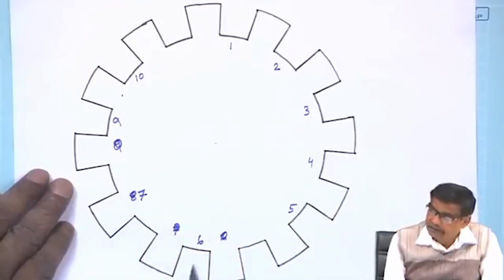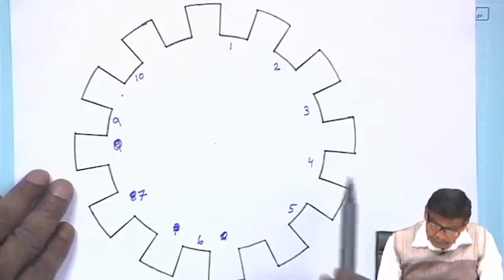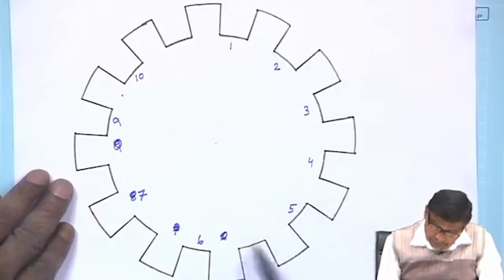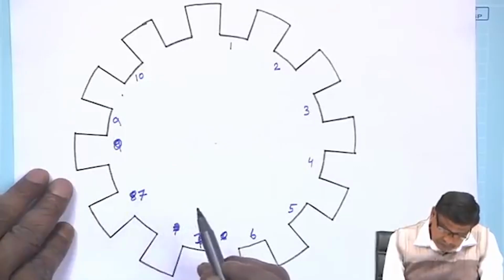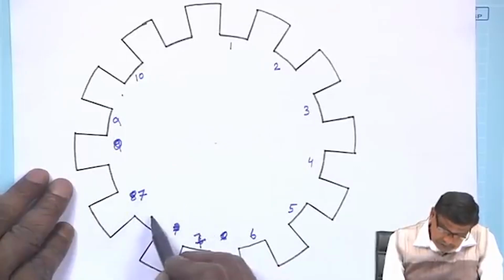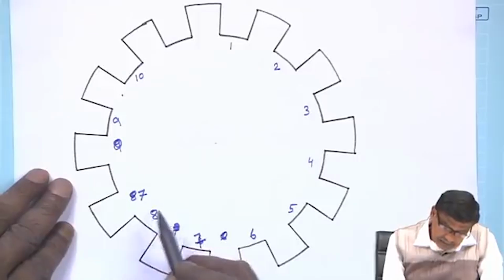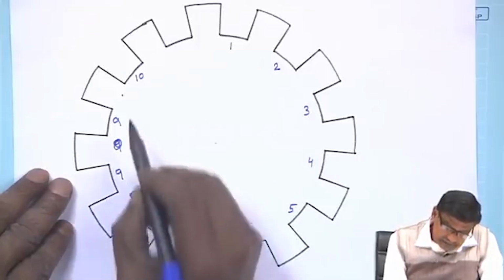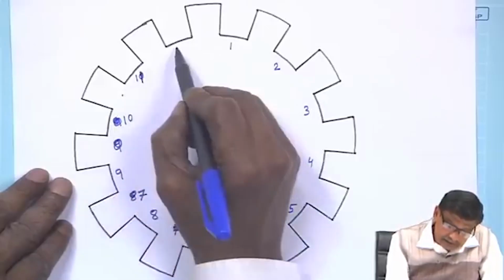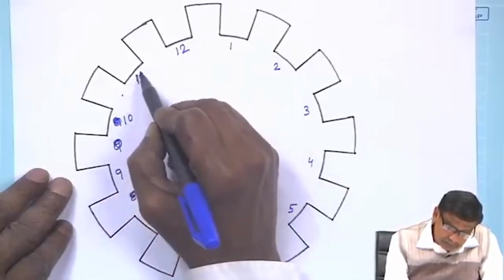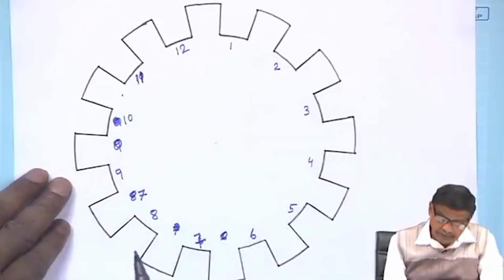The open spaces are the slots. 6 is there, this will be 7, okay. Open 6, 7, then this is 8, this is 9, this is 10, this is 11 and this is 12. So, these 12 slots are there.